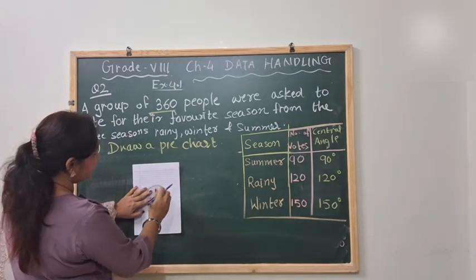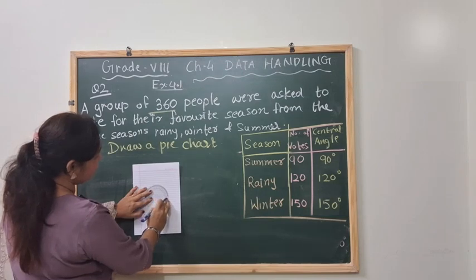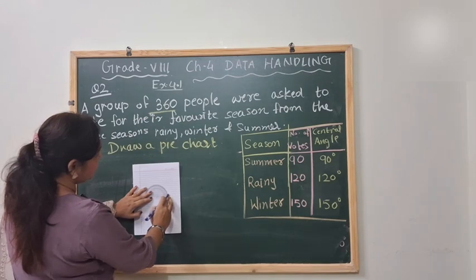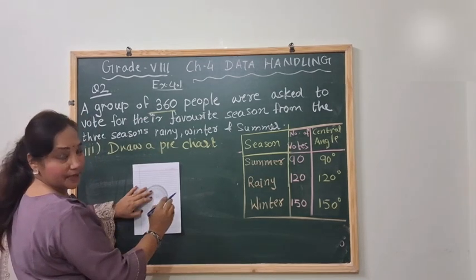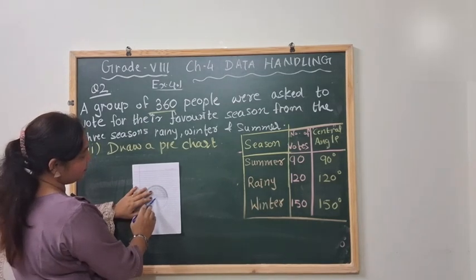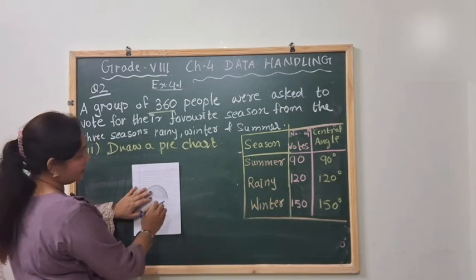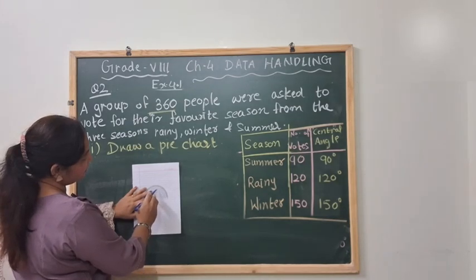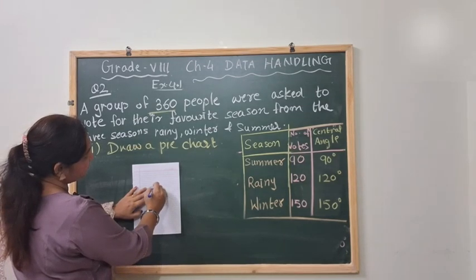Now where is 90 degrees? 90 degrees is here. I have placed the base of the protractor on the center point and the radius. From 0, the 90 degrees comes here.